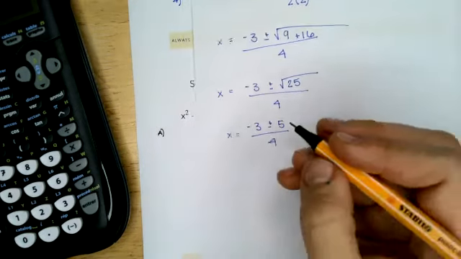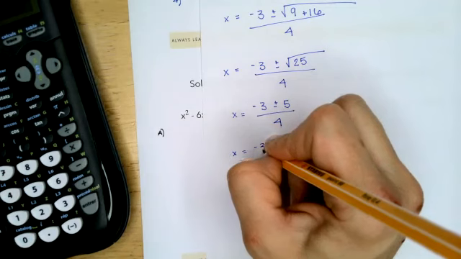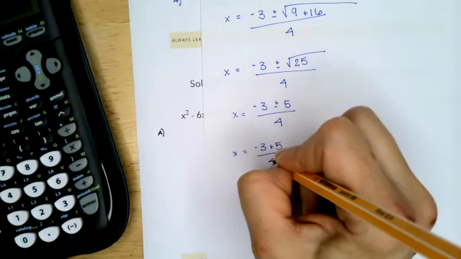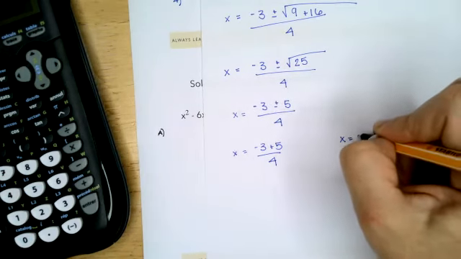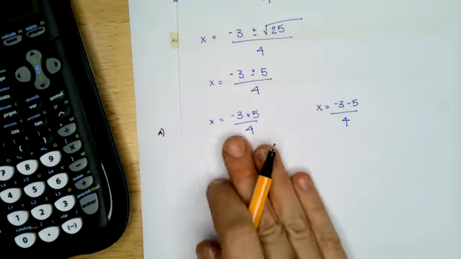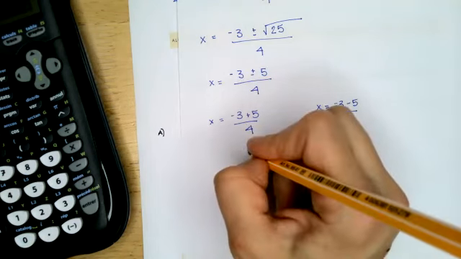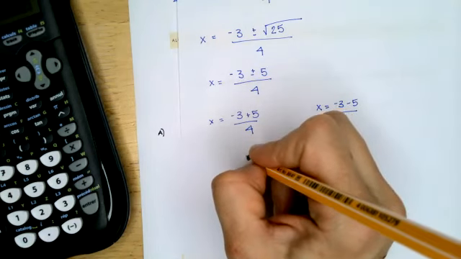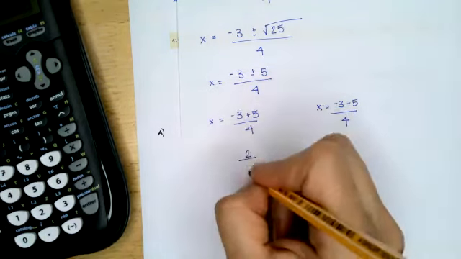Then we're going to separate it into x equals -3 plus 5 over 4 and x equals -3 minus 5 over 4. Good. -3 plus 5 is what? 2? Because 5 minus 3 is 2.